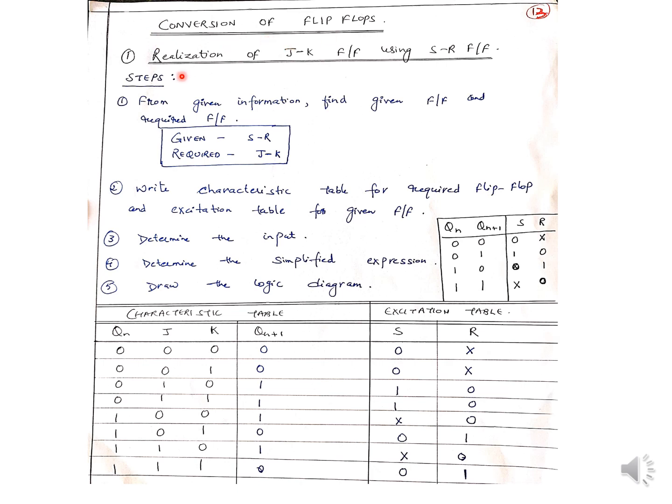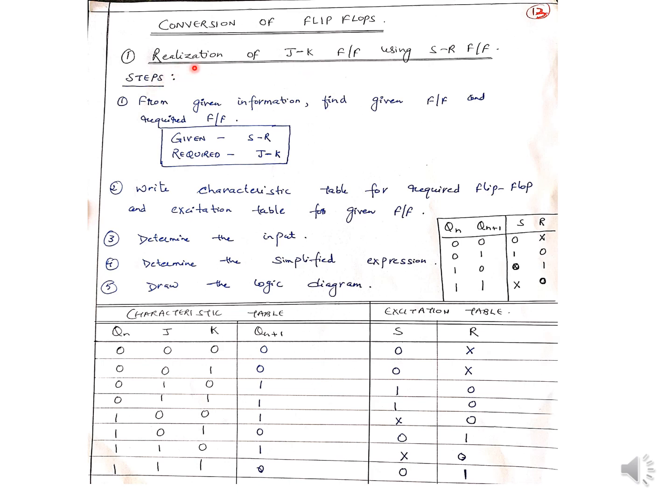So the first one is realization of JK flip-flop using SR flip-flop. These are the steps you have to remember to convert from one flip-flop to another flip-flop. The first step is, from the given information find the given flip-flop and the required flip-flop. So you have to read the statement which is given to you correctly.